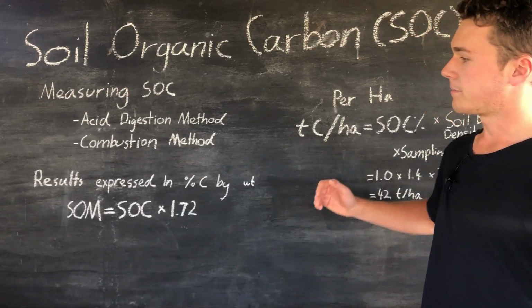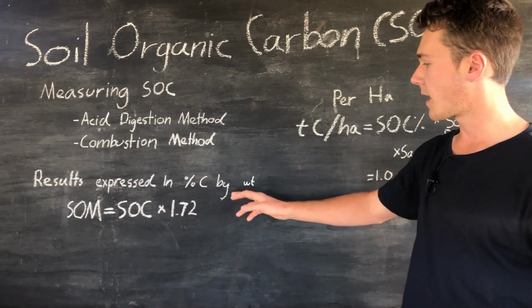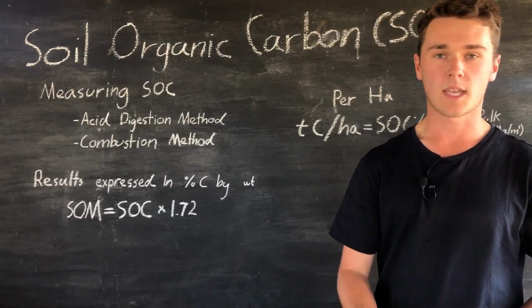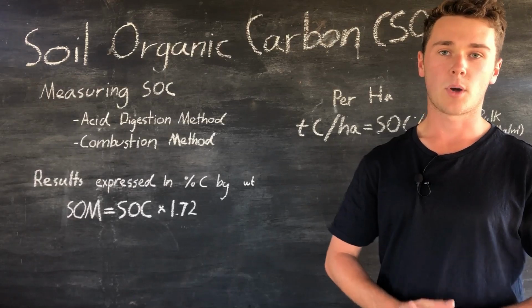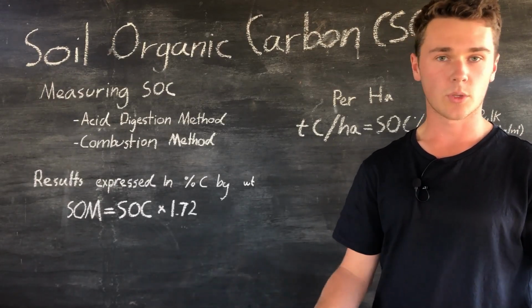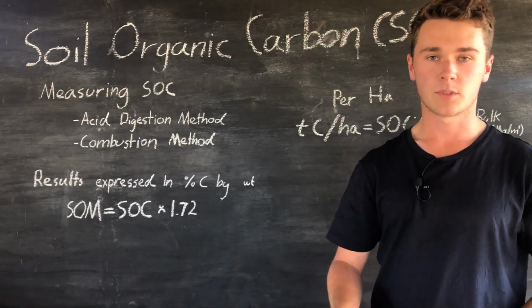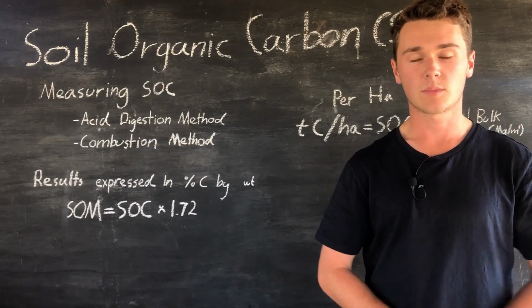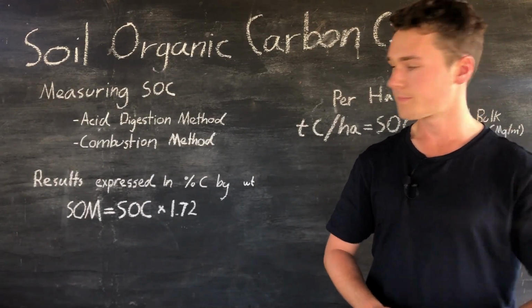So that will be expressed as a percentage of carbon by weight. So say you lost 1%, 1 gram per 100 grams of your soil sample. That will be expressed as 1% carbon, or soil organic carbon. So if you have say 7%, that's 7 grams of soil carbon in 100 grams of soil.